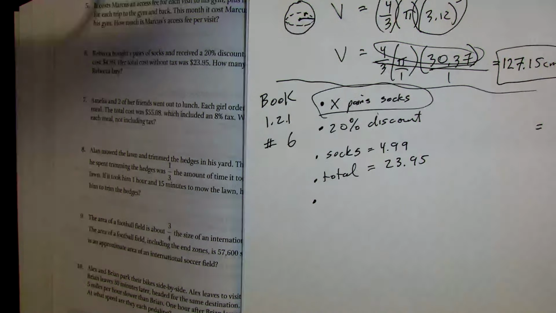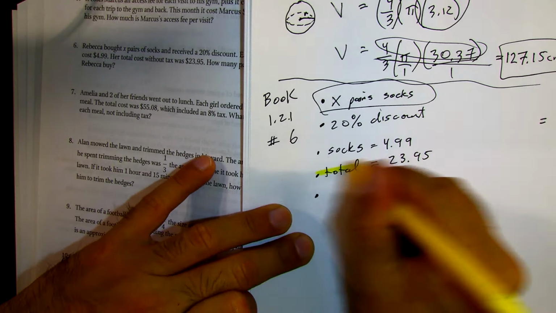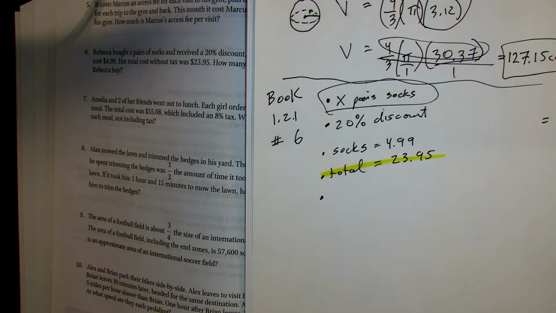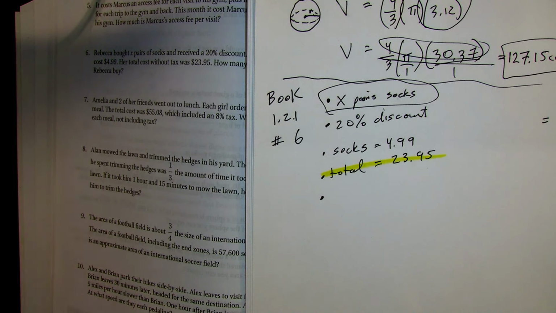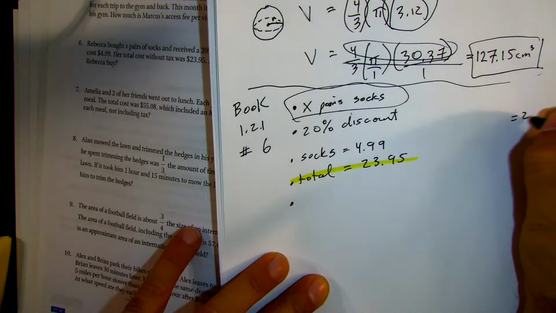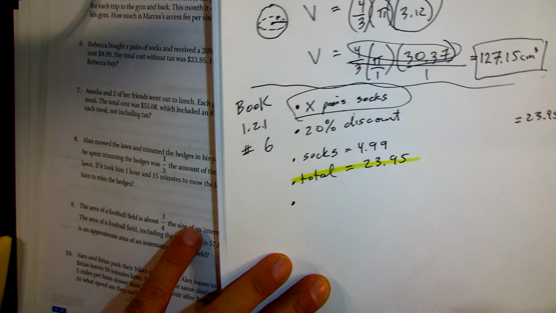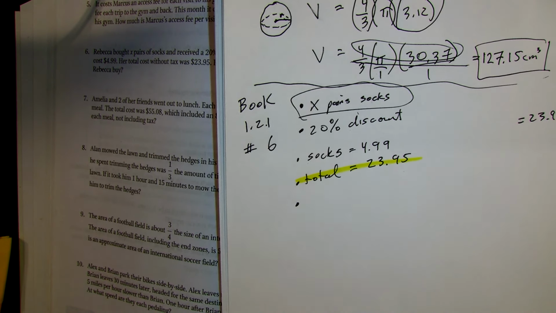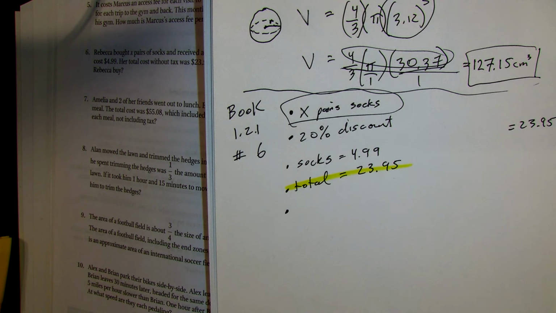So it's the total, the budget, the goal, whatever you're trying to equate. So we're going to put the $23.95 over there. Now, if that's the total, the other things are going to add up to it. So let me know, how much would one pair of socks cost? Here, $4.99, right?